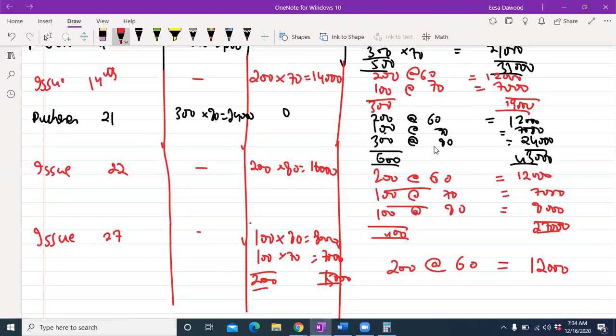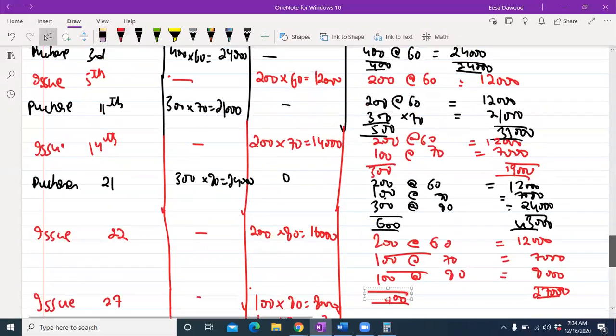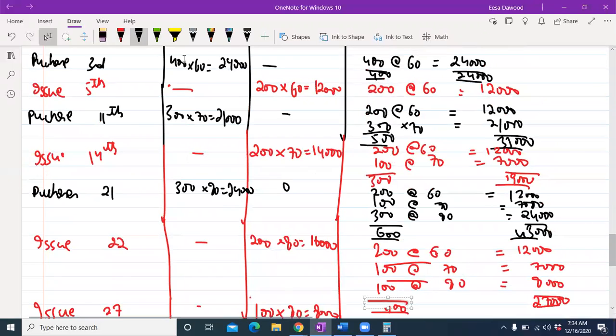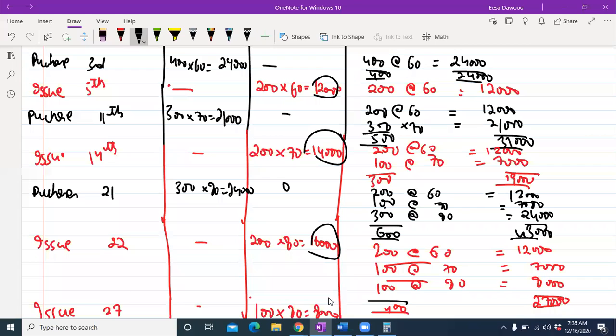Now have a look at cost of issues. 12 plus 14 plus 16 plus 15.